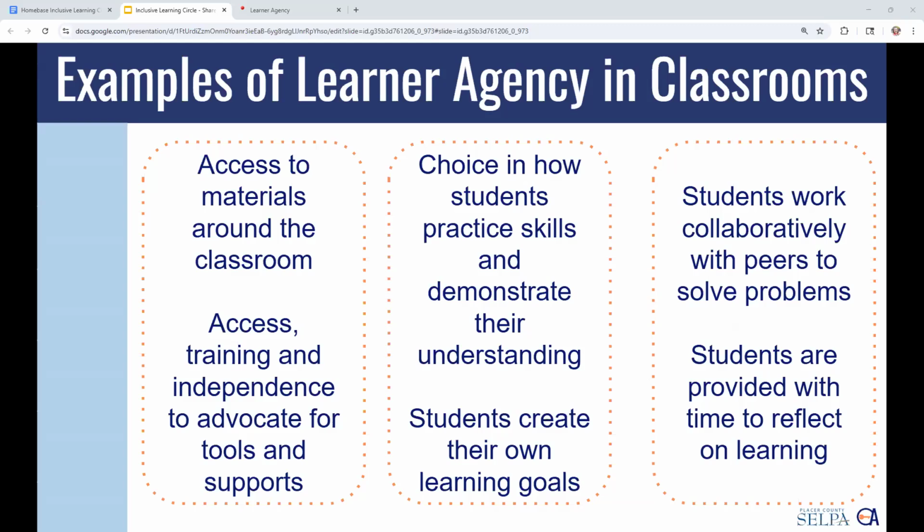So some general examples are access to materials around the classroom. This is one that, especially when we're thinking about our preschool, TK, kinder, first grade, that instead of having materials passed out or delivered to students, there are clear structures within the classroom where all of your materials are kept, and then empowering students to say, okay, consider what we need right now.